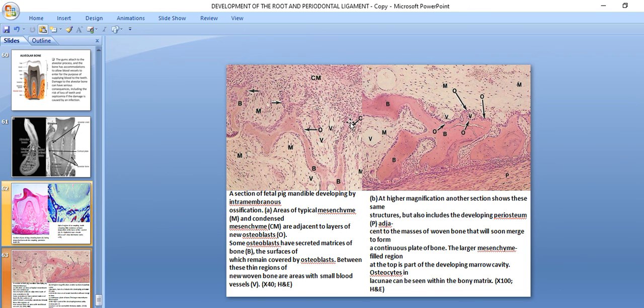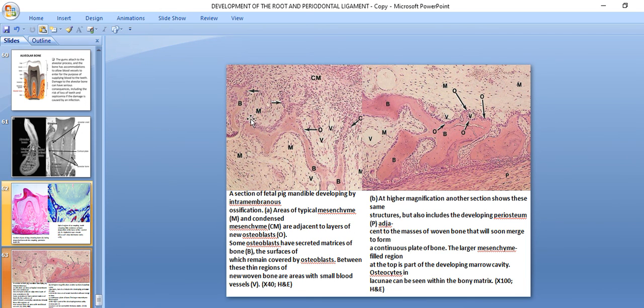And here, this is high magnification. You can see this bone, and this is the condensation of mesenchyme, and you see these osteoblasts secreted the matrix of the bone, and the surfaces remain covered by osteoblasts.